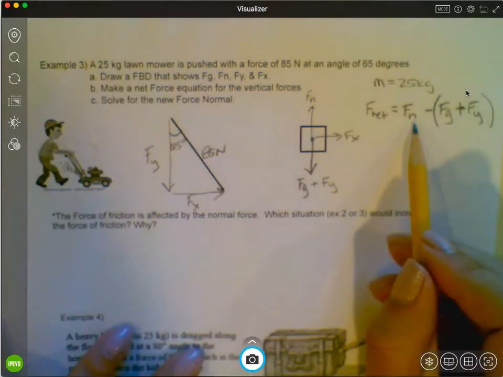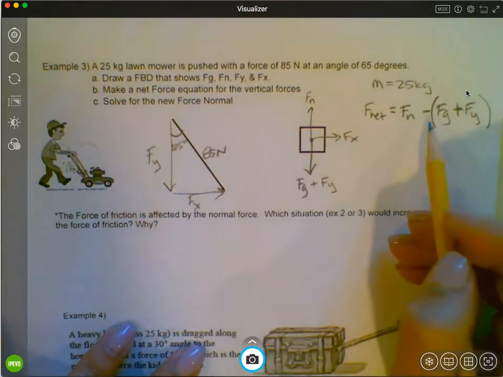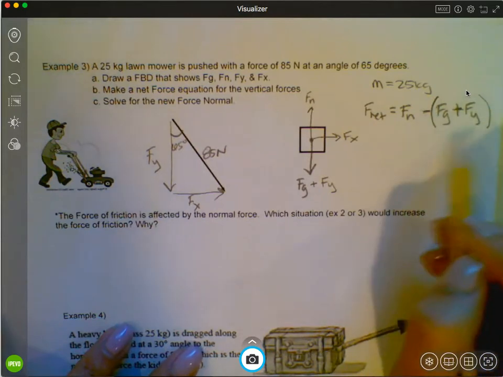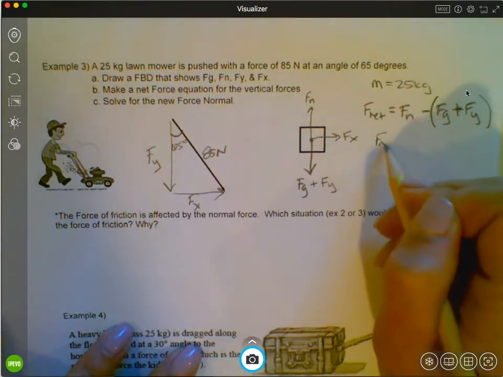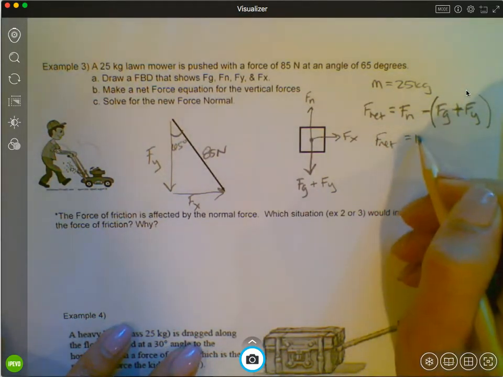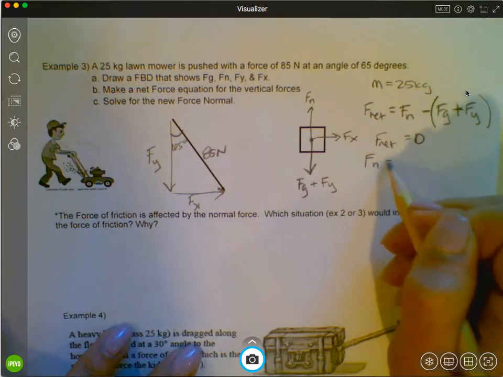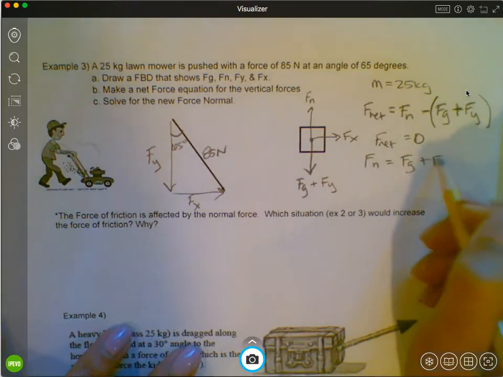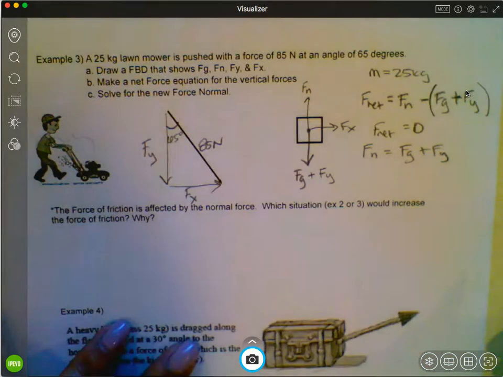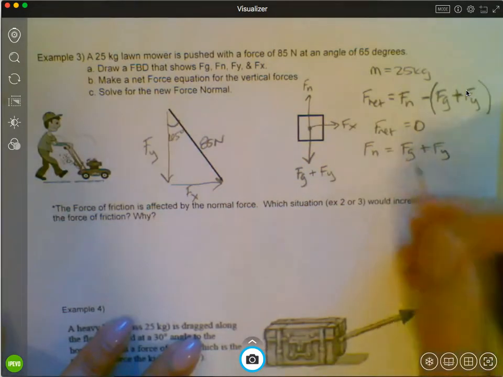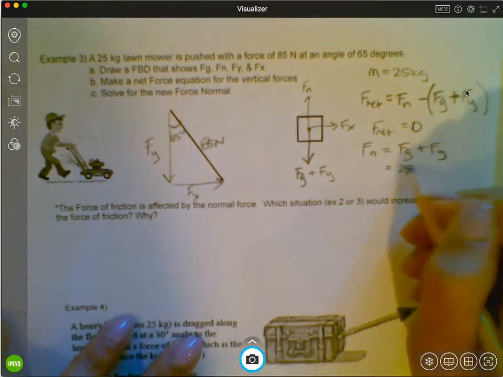Now, if we're solving for the normal force, then we're going to go ahead and add both of these two to the other side. So the net force is 0. Okay, so we'll add those to the other side. Fg is going to be 25 times 9.8.